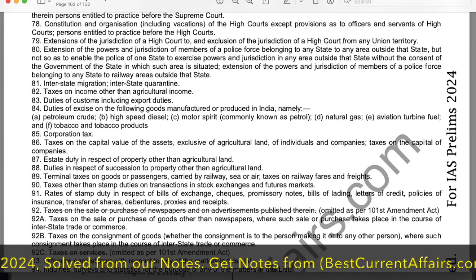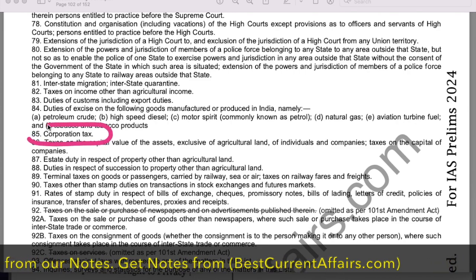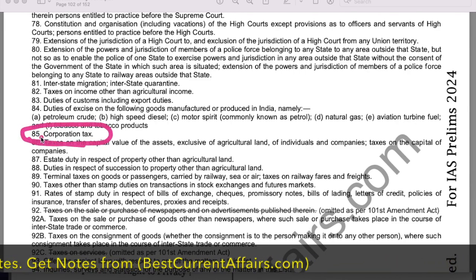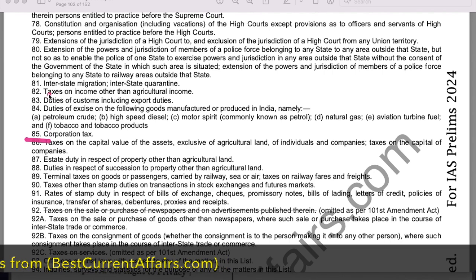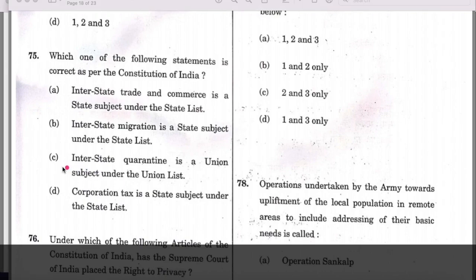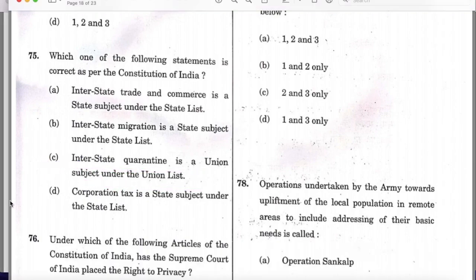It is wrong because corporation tax also comes under the union list, entry number 85. 81 is interstate migration, interstate quarantine, and 85 is corporation tax. So only the third statement is correct. Therefore C is the answer, and this question is solved with our Indian Polity volume 2 book, page number 99 and 100.